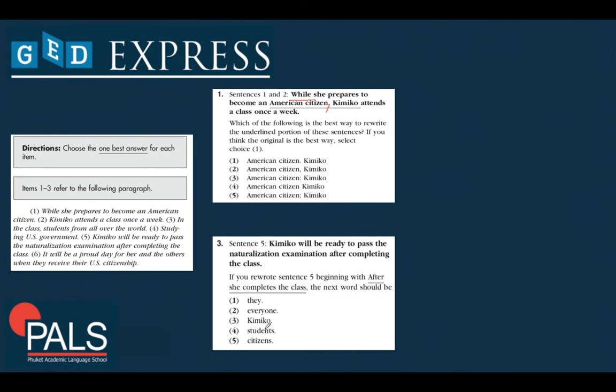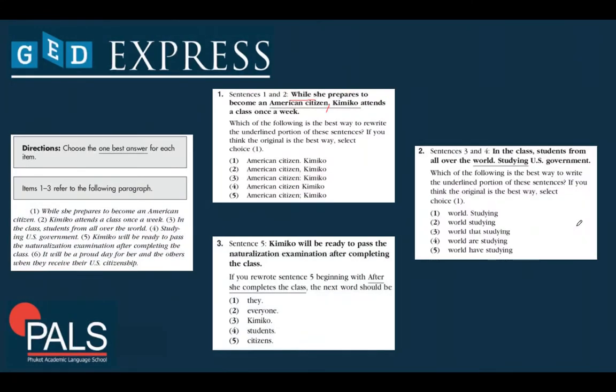The answer would be number 4. My bad. The answer would be number 3. I'm looking at the wrong question. I meant this one, actually. But okay. The answer would be number 3.